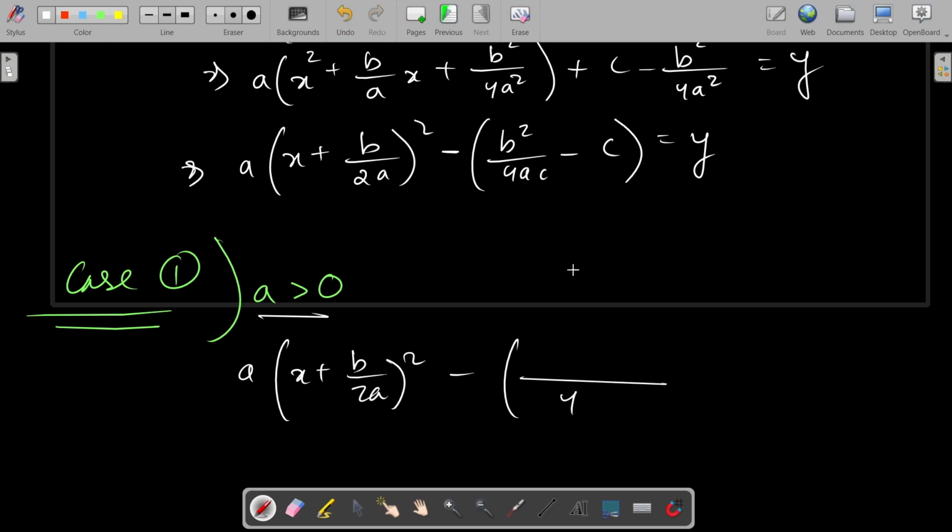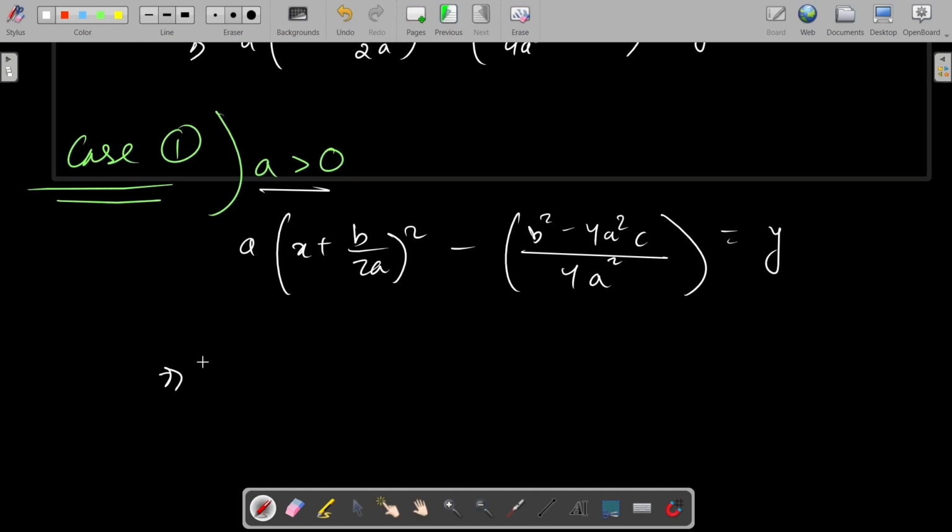Oh, my bad. It's not 4ac, it's 4a squared. This is going to be 4a squared. We get b square minus 4a square c over 4a square, is equal to y. We just took an LCM here.